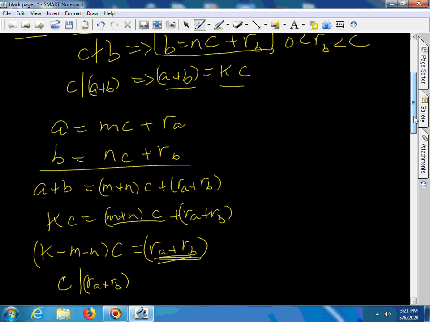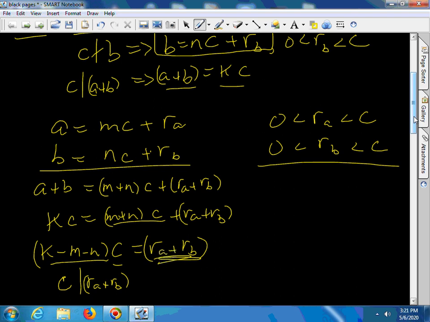That is, RA plus RB is a multiple of C. But let's look at something. We know that RA is between 0 and C, and we know that RB is between 0 and C. If I add, I find out that RA plus RB is not 0, and it is less than 2C.